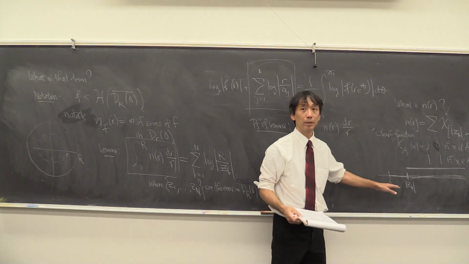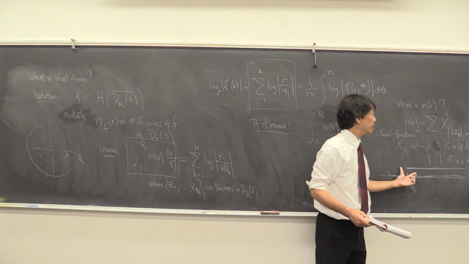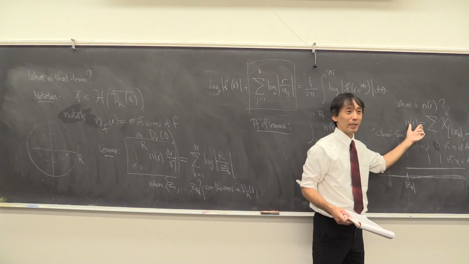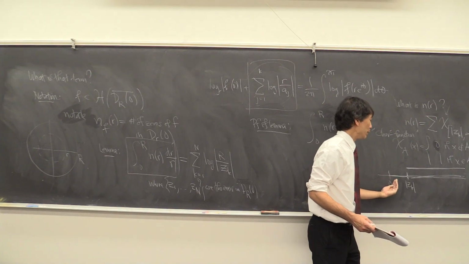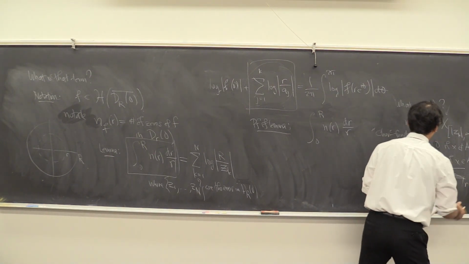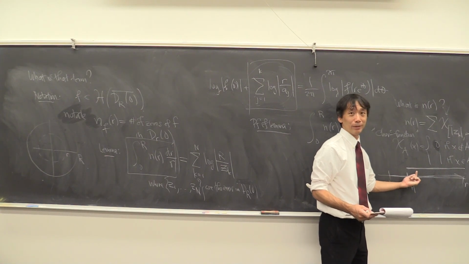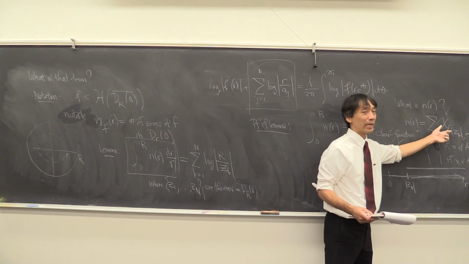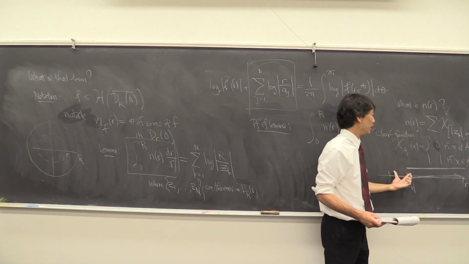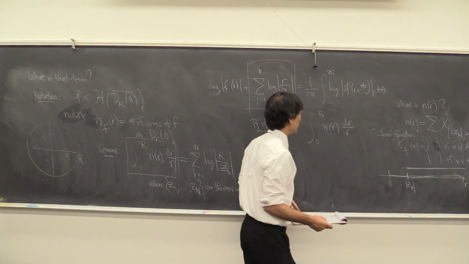If you add up all of those for the zeros, that's the thing that counts how many zeros you have in a circle of radius r. Once your r crosses the size of this zero, you've got 1. So you add up all of these things that count the zeros, and you get this thing. Okay, I hope that's clear.